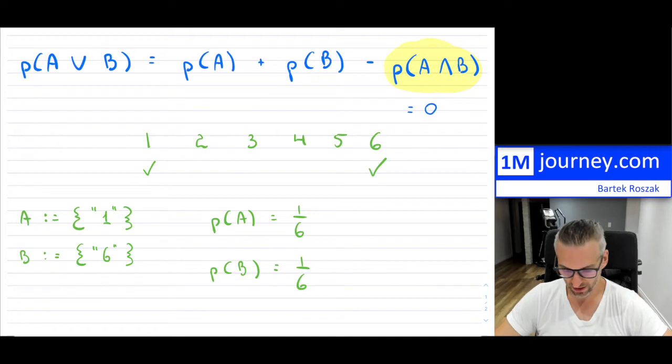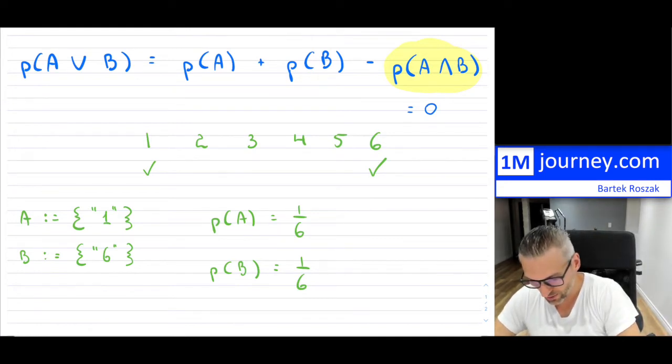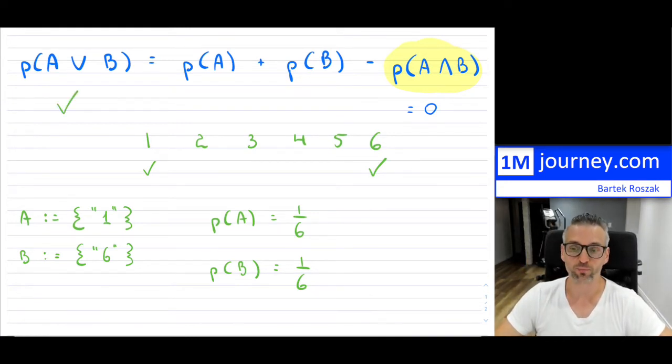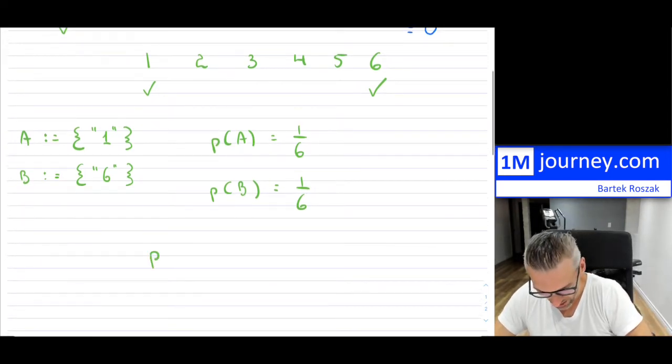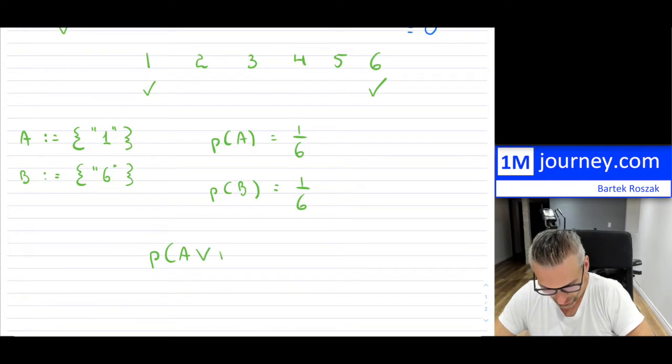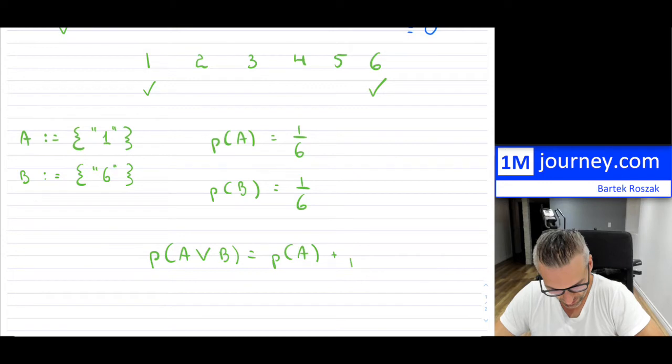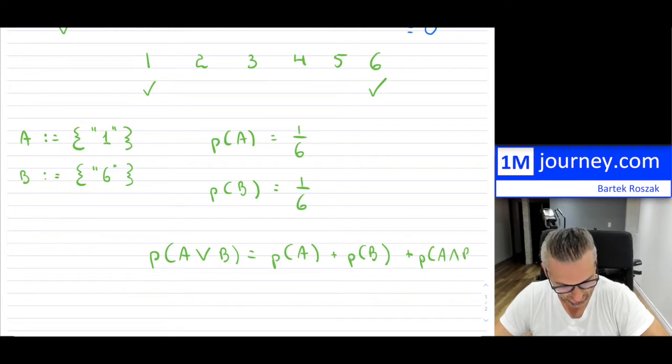Now if we do the probability of A or B, meaning someone says, I'm happy if I roll a 1 or a 6, then the probability of A or B is equal to the probability of A plus the probability of B minus the probability when they can happen at the same time.